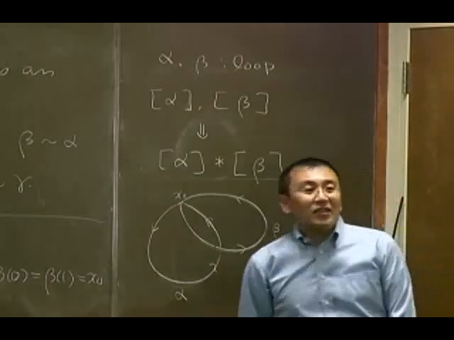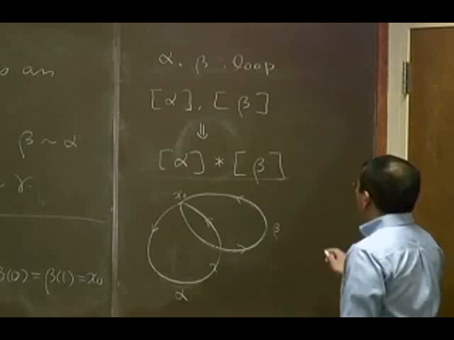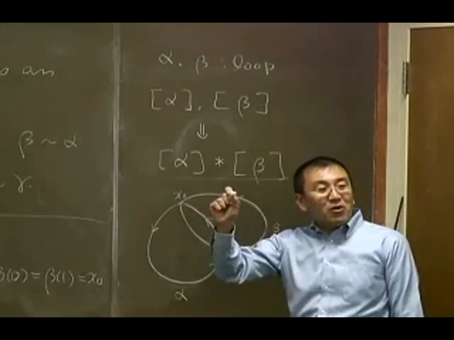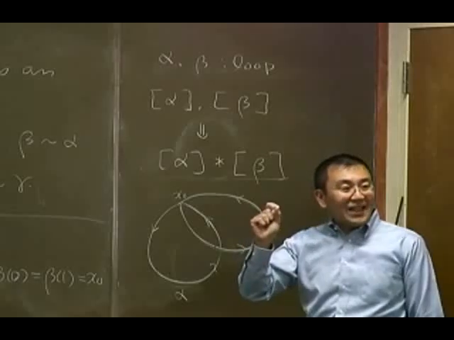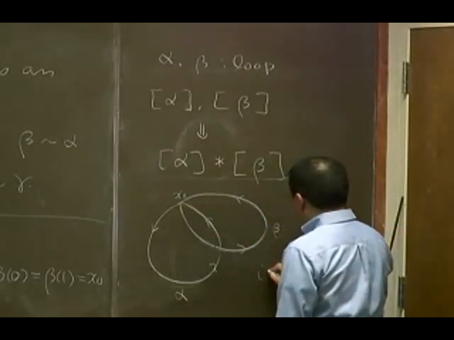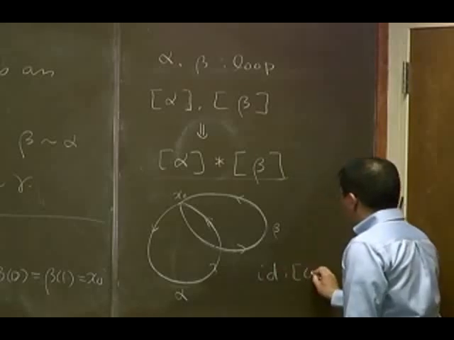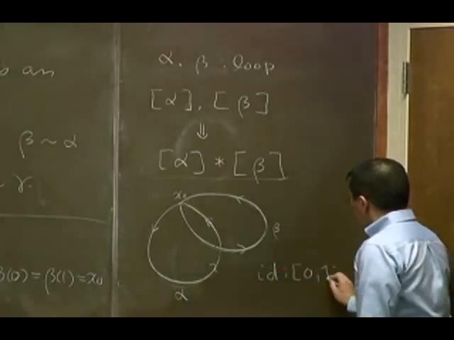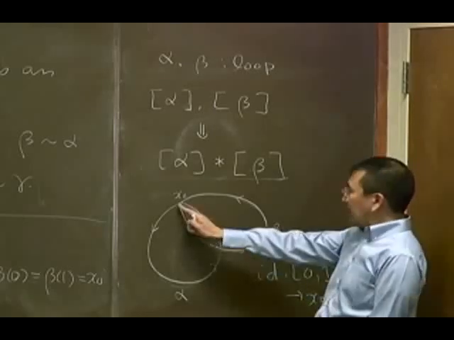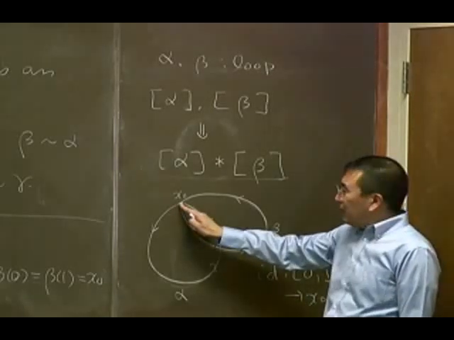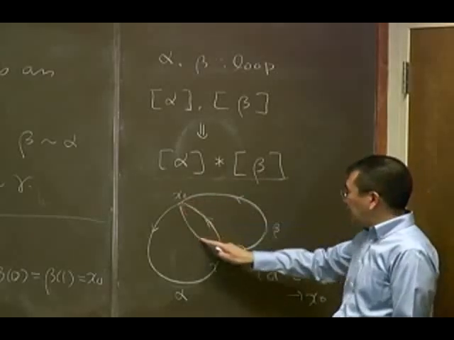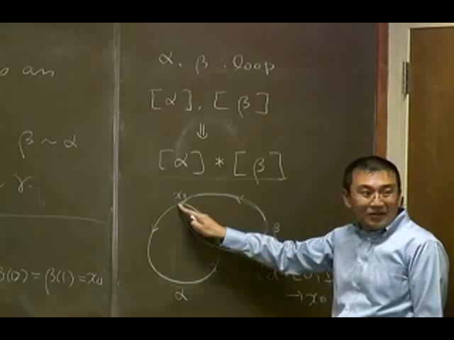You can show that the identity map, that is, that you stay at x naught throughout the whole process, is going to be the identity. It's clear because suppose you have an identity which maps this interval 0, 1 to x naught. Then suppose you have such a map, you stay there from 0 to 1, and if you multiply another one, you're going to go around beta afterward.